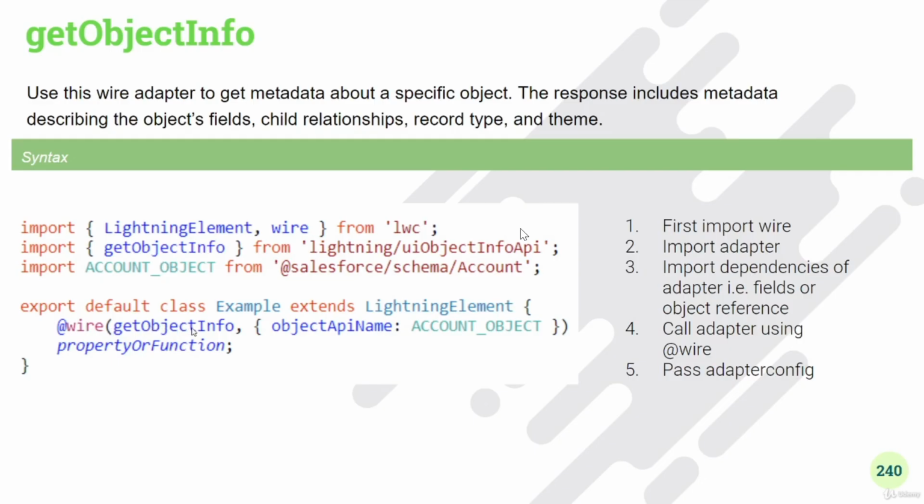As wire service expects some wire configuration as well, like adapter configuration, here we have to pass the object API name that tells this adapter for which object to fetch the metadata. Here we are passing the account object, and to pass that we have to import the reference of the account object. And once the data comes, you can cache the data either in a property or a function.